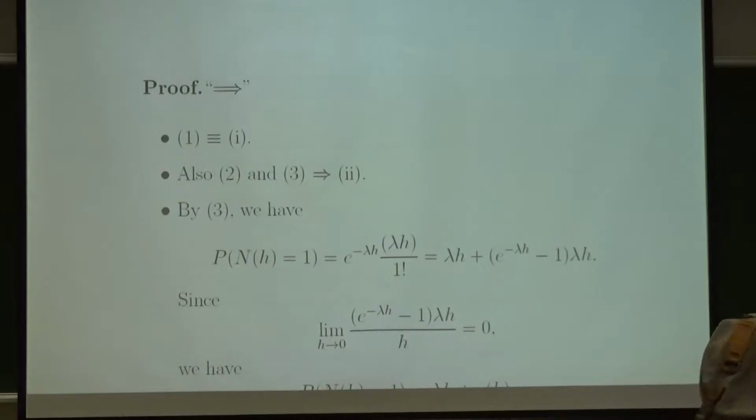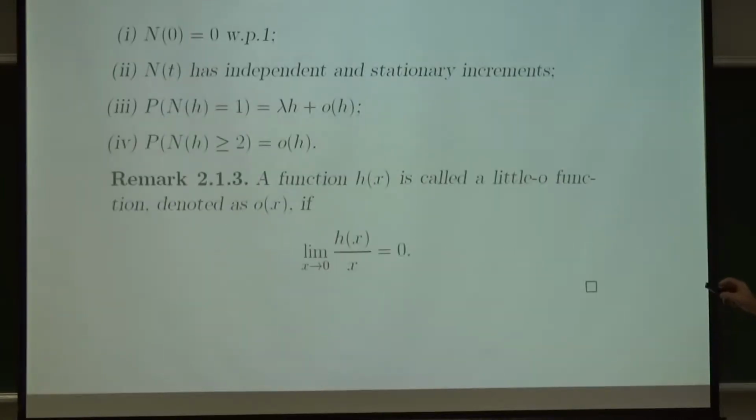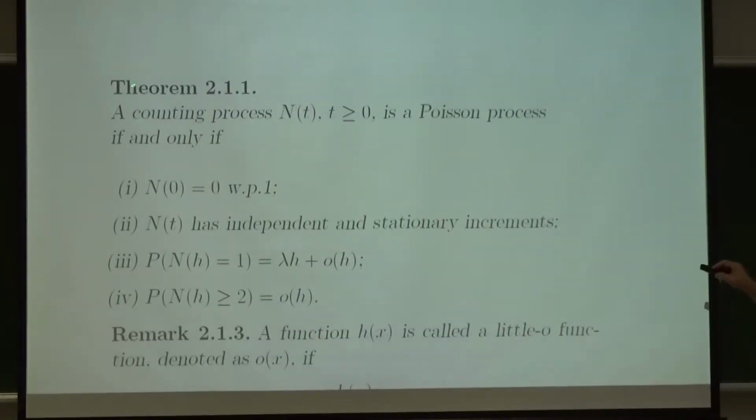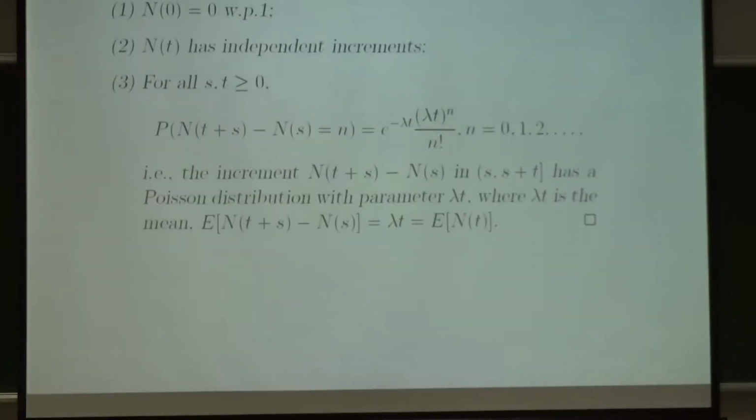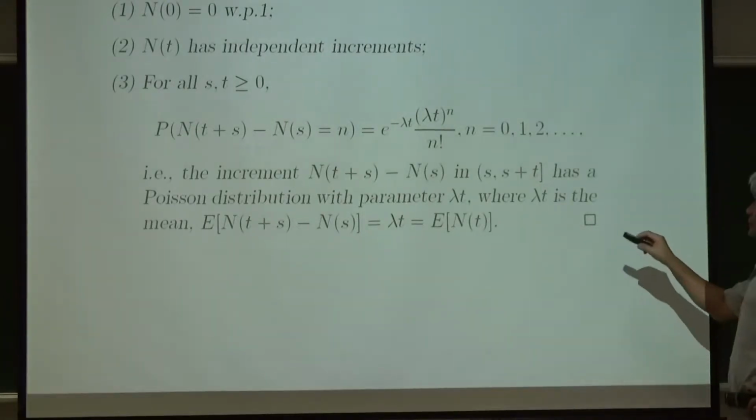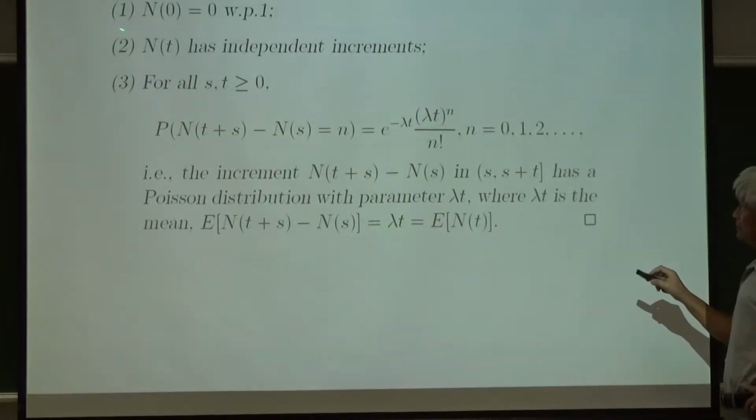So now the forward direction. Here I will assume that this counting process is a Poisson process, and we want to prove the four properties here. Recall that our definition for a Poisson process is that N(0) is 0, and the second thing is that the counting process has independent increments.